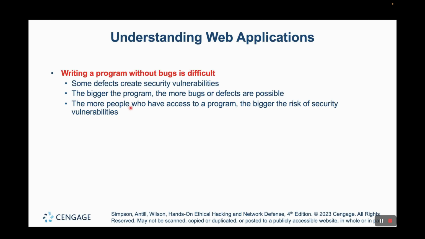Complexity: the more features or things you add to an application, the more components you have, making it hard to foresee all possible states and conditions. Sometimes resource constraints: often developers are working under tight deadlines, which may result in less time for good testing.